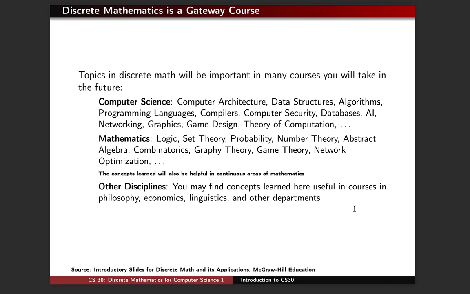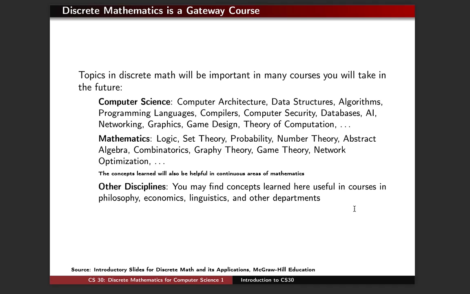Now, thanks to discrete math, we will then find that most of these problems have already been well studied by cool mathematicians and computer scientists. And you will learn that you only need to adopt or modify existing solutions and maybe eventually contribute to this body of knowledge as well.